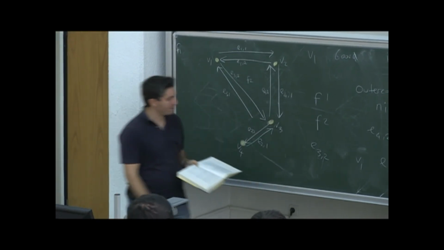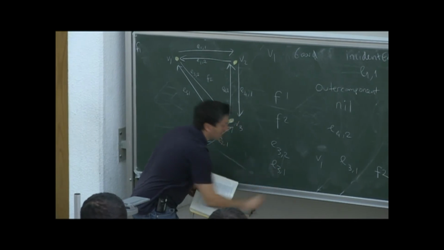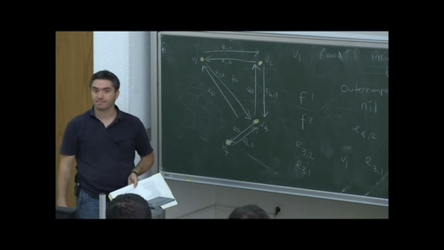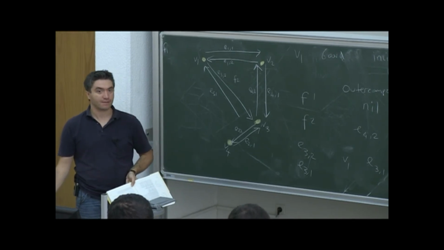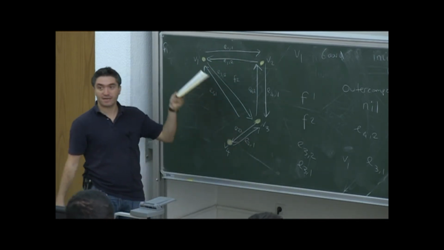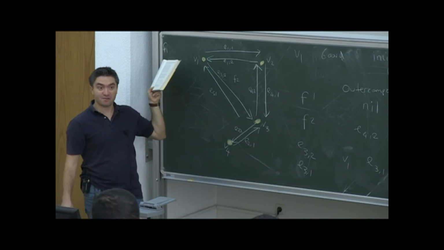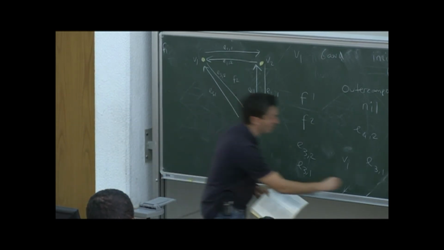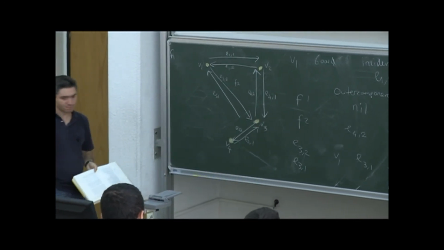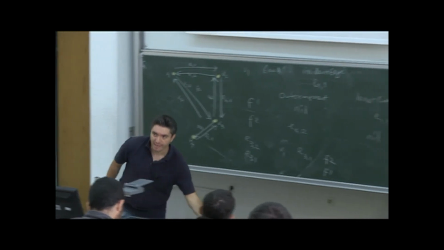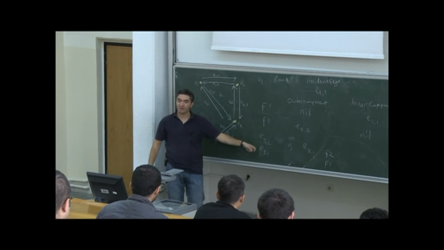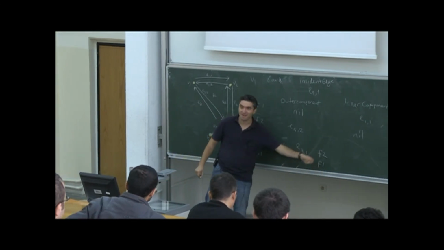What about E31? If I look at the record of E31, what is its incident face? F1, because E31 is on the inner boundary of F1. So E31's incident face would be F1. So by looking at twins, for example, these two twins, we can also find neighboring faces.